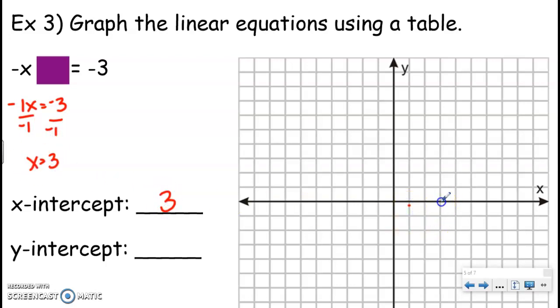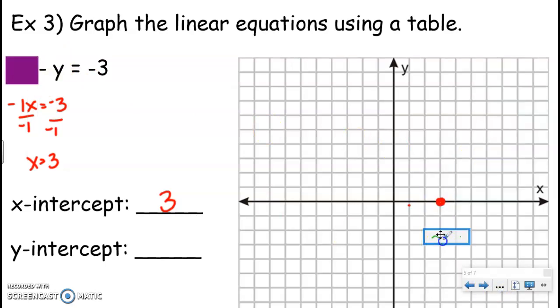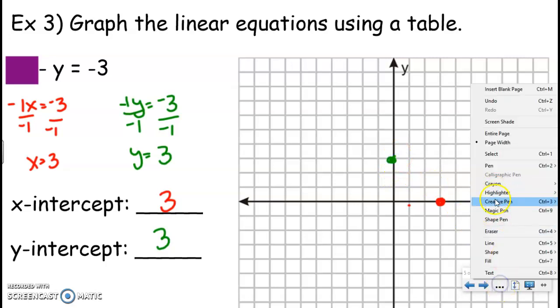So 1, 2, 3. And then if I move my box, cover up my x, I am left with, this time, negative y equals negative 3, or negative 1y. So divide by negative 1 on both sides, I get y equals 3. Go ahead and draw your line.